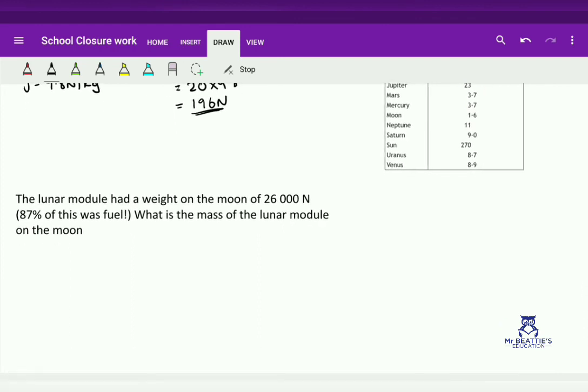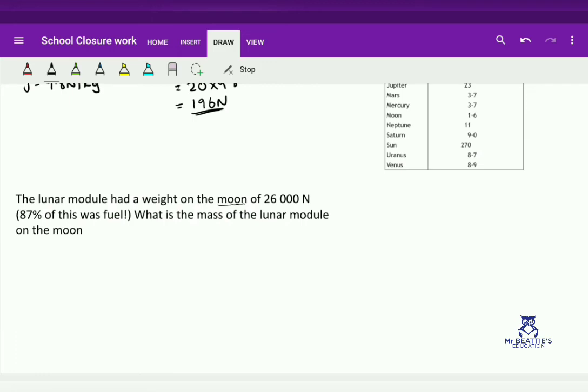Okay, we're then going to come down here for the second worked example. Now this says that the lunar module had a weight on the moon, so that's a key point, of 26,000 newtons, and 87% of that was its fuel. What is the mass of the lunar module on the moon?